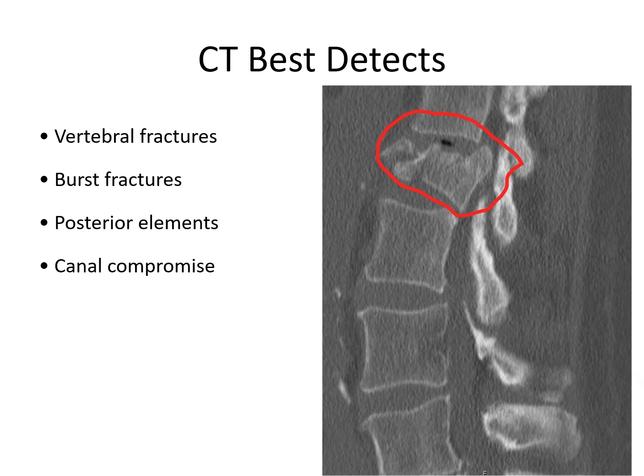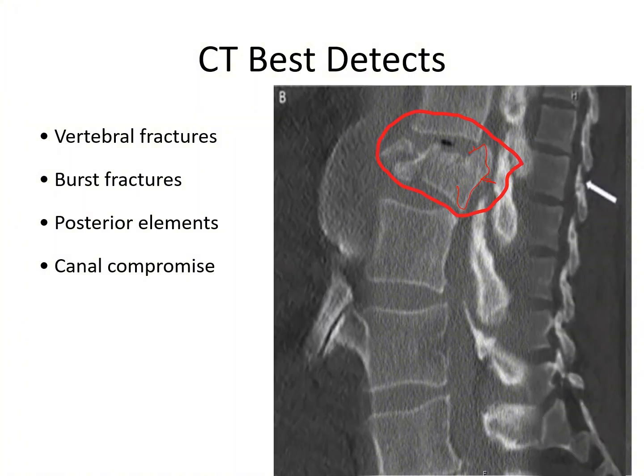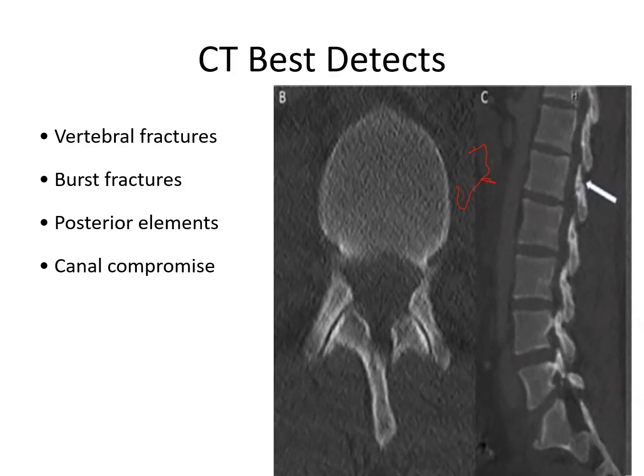There is canal compromise, retropulsion of the fracture fragment. This is the fractured body and this is retropulsed into the spinal canal. We can compare from there. There is spinal canal narrowing and we can see here a fracture of the posterior element. So posterior element fracture can be better visualized in CT than the X-ray.